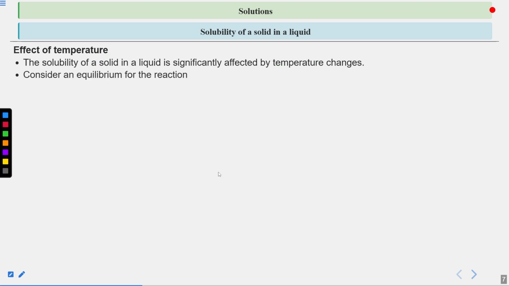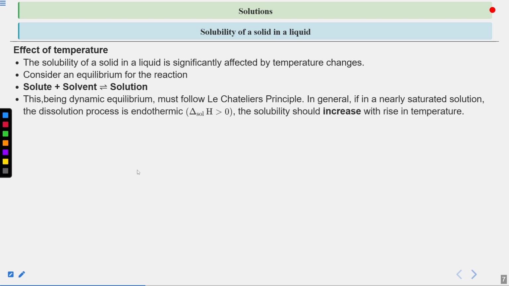How is it affected? We will study that with the help of an equilibrium reaction. Suppose this is your equilibrium reaction. Since it is a dynamic equilibrium, the Le Chatelier principle will be applicable. So, if it is an endothermic process, then on increasing the temperature, the solubility should increase. When the process is endothermic, it means it is absorbing heat from the environment.